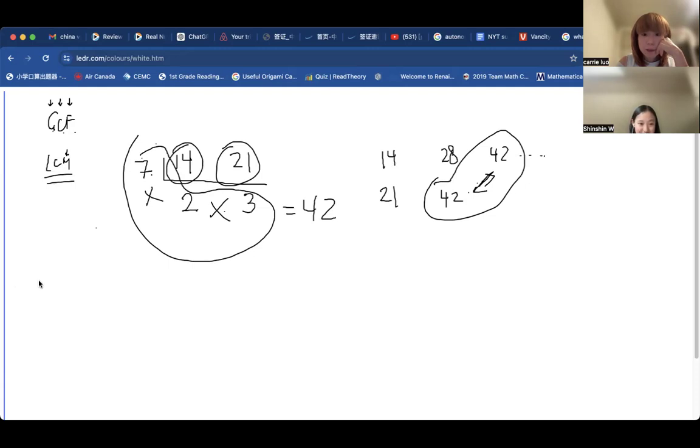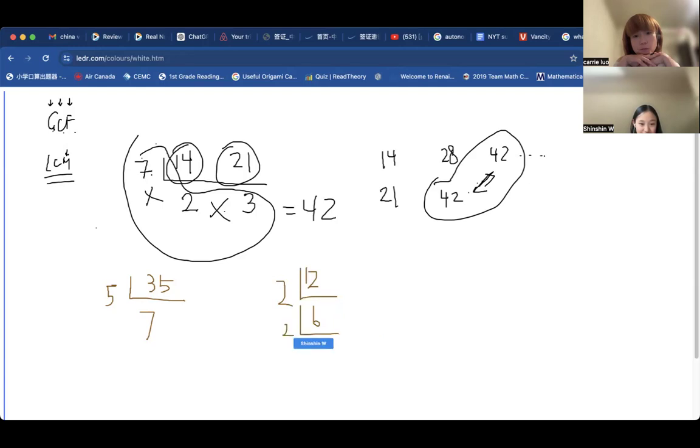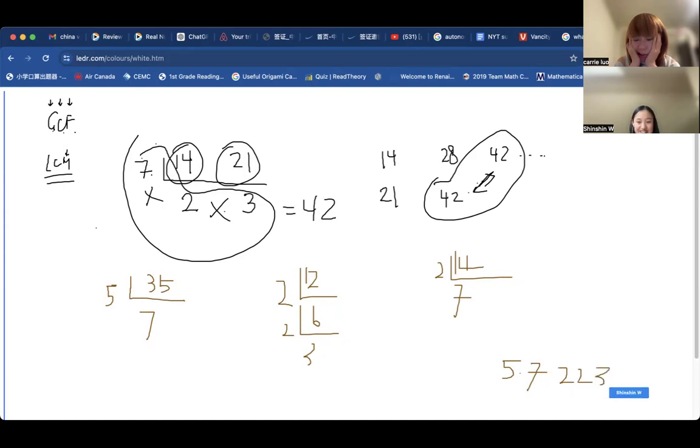Finding the LCM of 35, 12 and 14, we do 5 and 7, and then 12 would be 2, 6, and then 2 and 3, and then 14 would be 2 and 7, and then you write 5 times 7 because it's here, and then you have to write 2, 2 and 3 because you don't have that in this yet, but you already have a 2 and a 7, so then you're done.